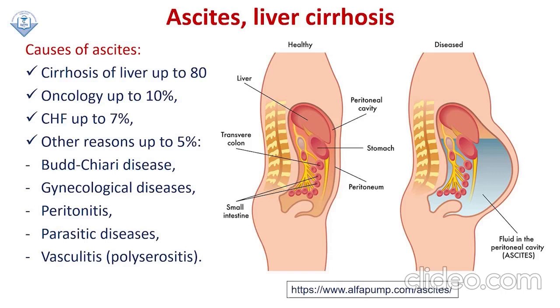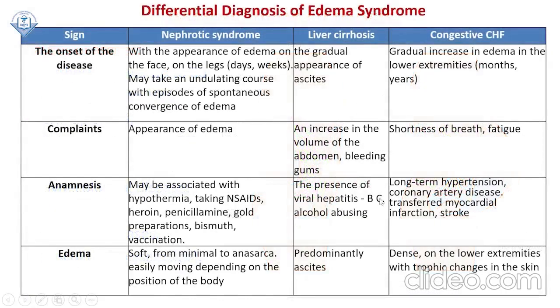Main problem in ascites is accumulation of fluid in the peritoneal abdominal cavity. This is ascites.